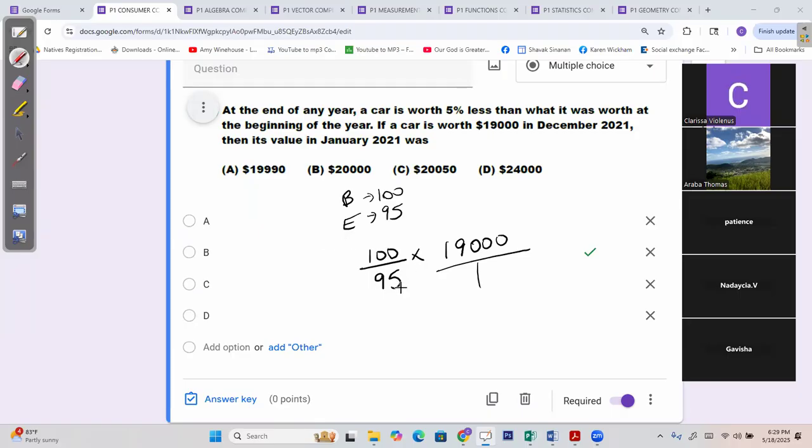I'm trying to see if I could find another way to find this answer. This is a lot. So let me see. Let's do it the long way. All right, ready? I'm willing to try.